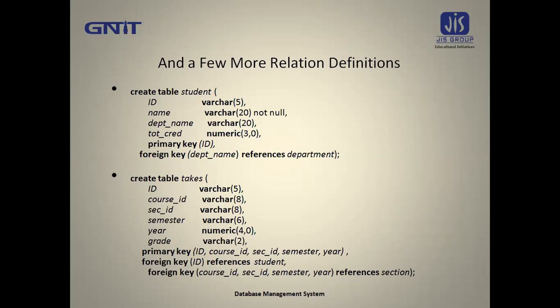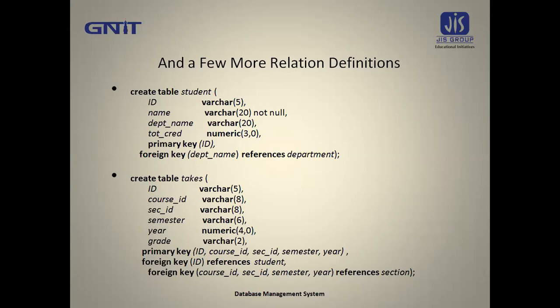The next example: create table takes. Here we have 6 attributes, multiple primary key attributes, and also multiple foreign keys. Foreign key ID references the student relation, but foreign key course ID, section ID, semester and year reference a different relation named section.